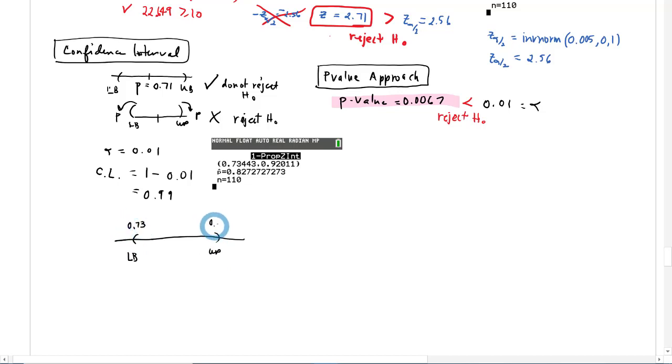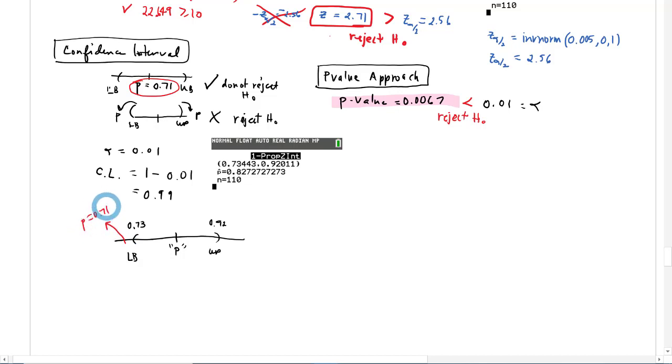But what was our p in our case? The p was 0.71. Where is that? That 0.71 is right here. Is that outside our confidence interval? Yes, right? So therefore, since it's outside of our confidence interval, this is statistically significant and we reject the null.